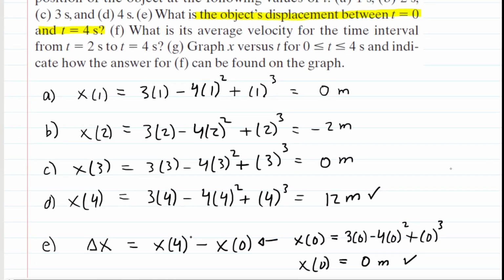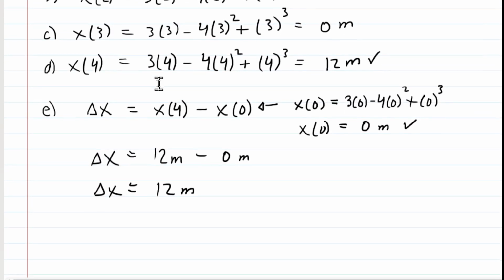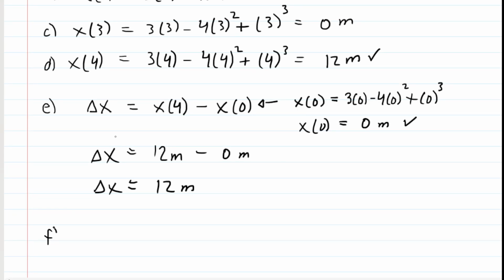Looking at part F, we are asked for the average velocity for the time interval from t equals 2 to t equals 4 seconds. Let's think about what the definition of average velocity would be. Well, of course, we've been learning in this chapter that the average velocity, which we can label as v with a bar, is going to be the displacement divided by the time interval.